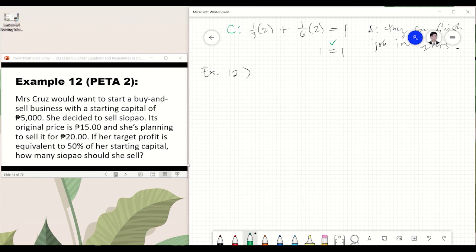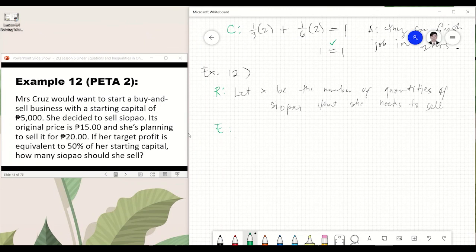So you'll start with the representation. So we say let X be the number of quantities of siopaw that she needs to sell.